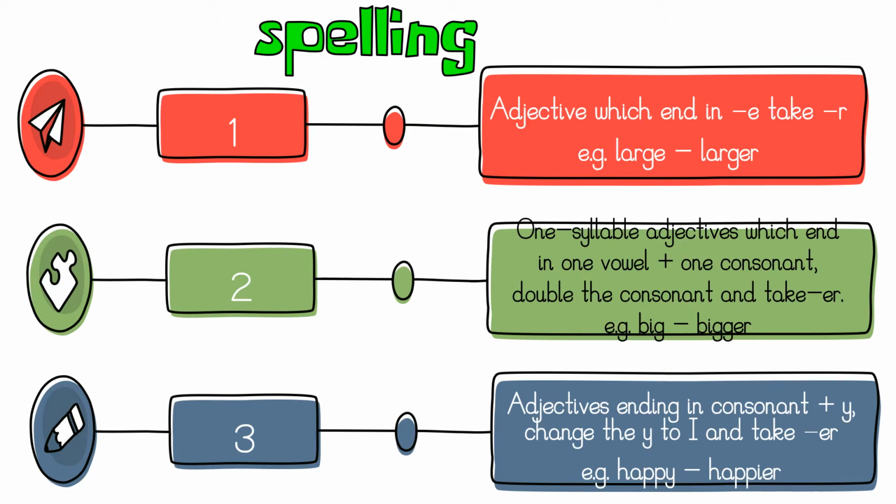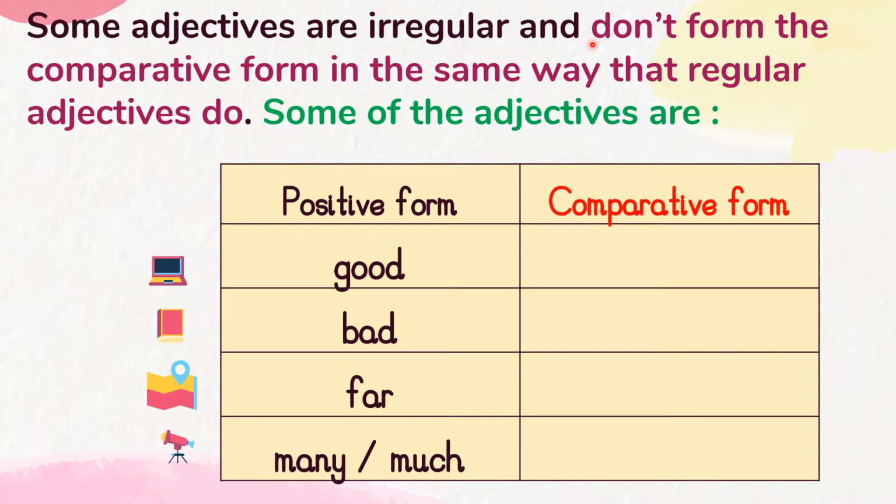Alright? Now, let us take a look at a few things here. This is a very special case. Some adjectives are irregular and don't form the comparative form in the same way that regular adjectives do. Some of them are not using er and also not using the word more.